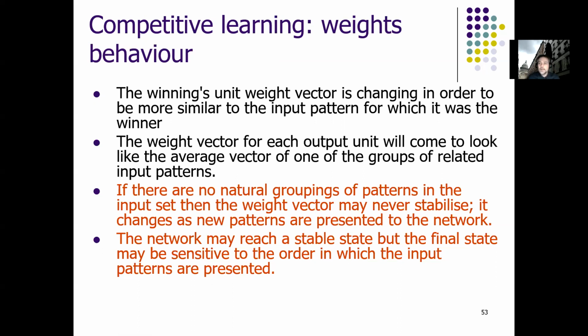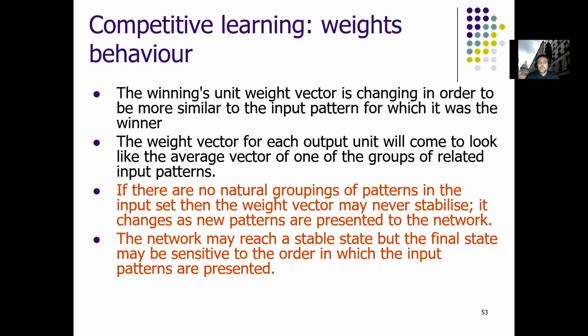At the end, the weight vectors become like the ideal training patterns which are presented at the input. They try to look at the average vector, a kind of vector that is able to represent all the possible inputs of this kind of network.